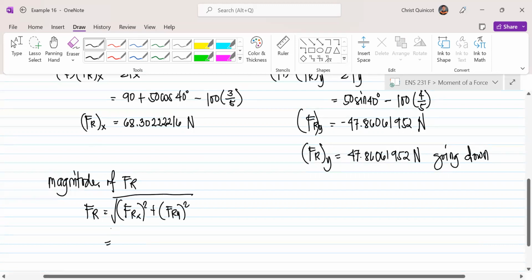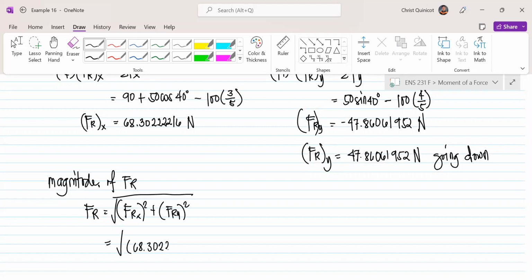This is equal to the square root of 68.30222216 squared plus 47.8606195 squared.